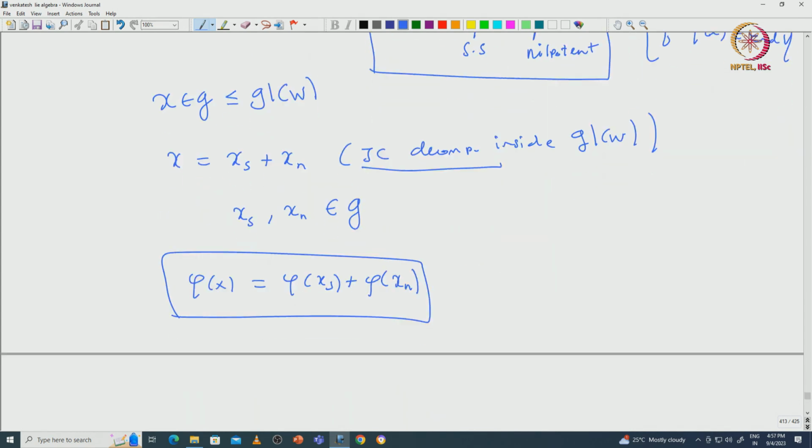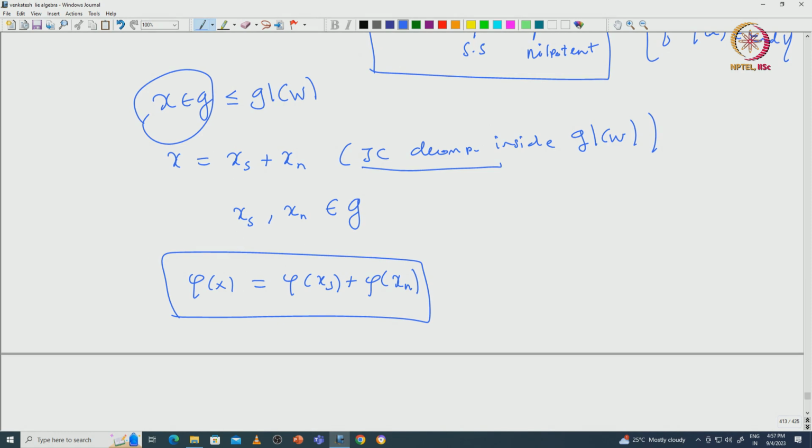Indeed, what we want to say is that if a given element x in g is already a nilpotent element inside your linear Lie algebra, then you can guarantee that it acts nilpotently on any given representation.